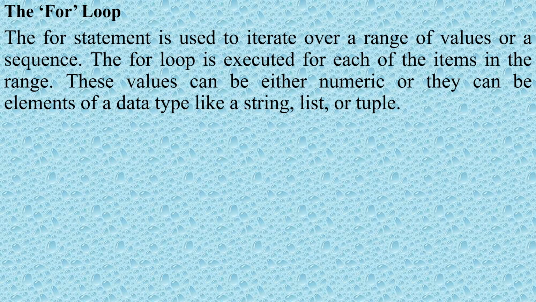For loop. The for loop is used to iterate over a range of values or a sequence. It means the for loop statement will be repeated a number of times based upon the range of values or the sequence. And here the for loop is executed for each of the items in the range.